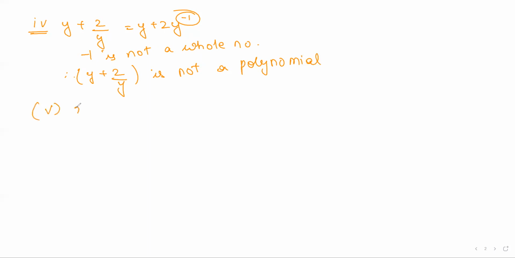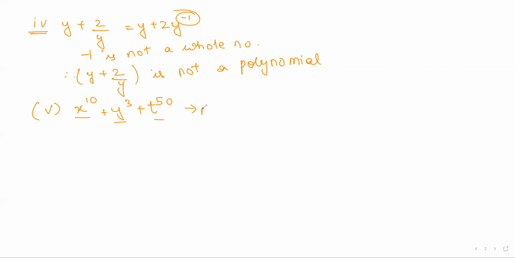Fifth, x to the power 10 plus y cube plus t to the power 50. Now, this is a polynomial because all the powers are whole numbers, but as you can see, the first term has variable x, second term variable y, third term variable t, so it is a polynomial in 3 variables. Question is it a polynomial in a single variable?